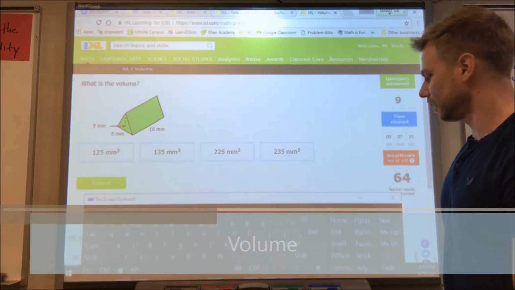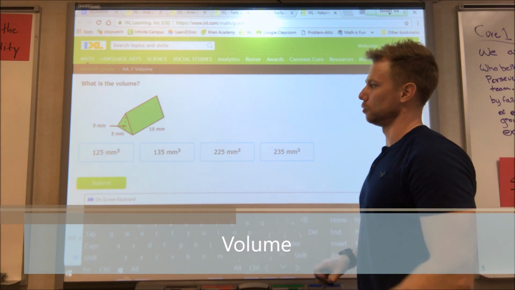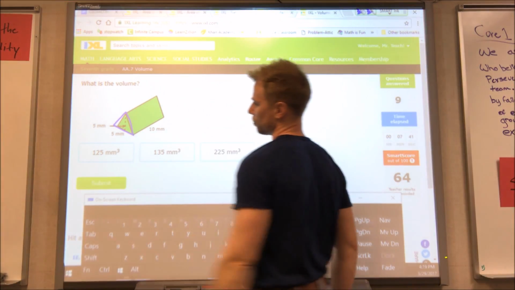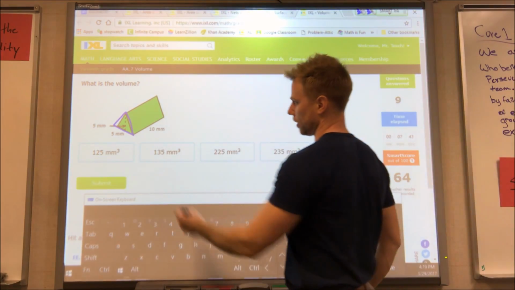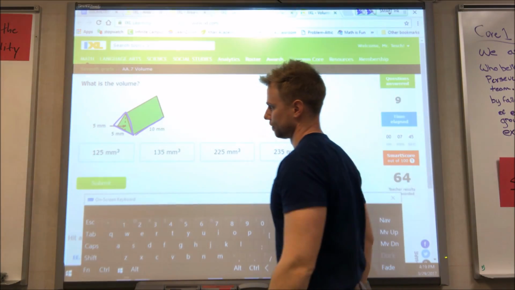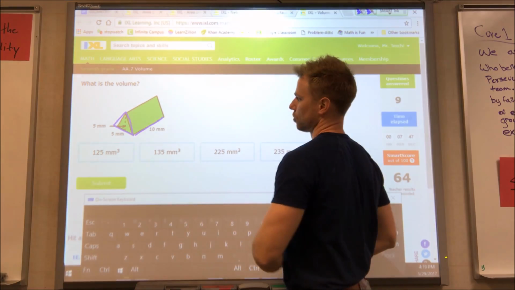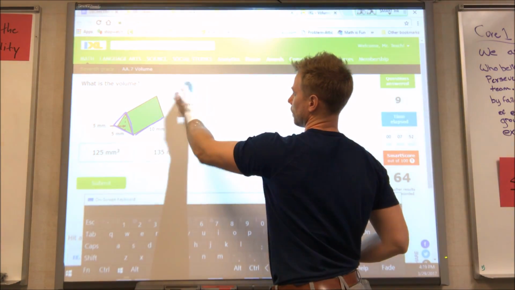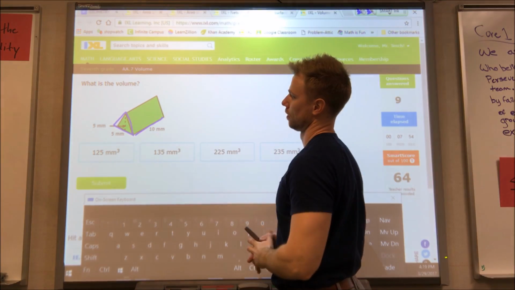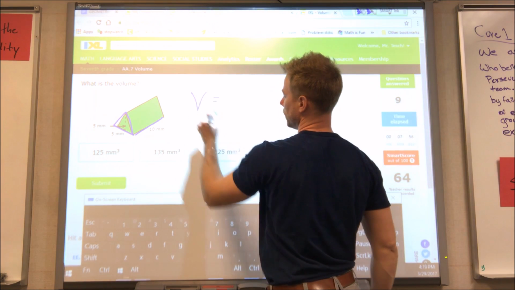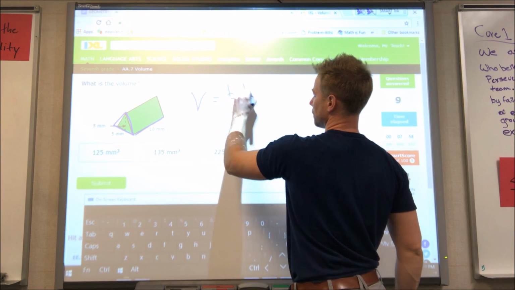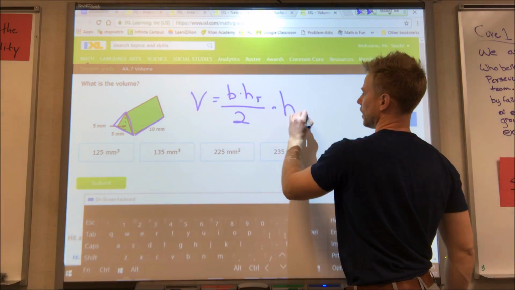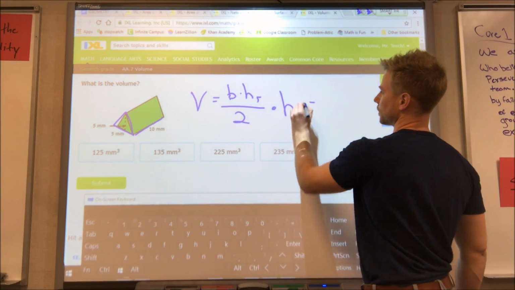Here we have a triangular prism again. We need to find the volume of it. So we're going to find the area of the base, which is a triangle, and then multiply that by the height. Okay? So we have the volume equals base times the height of the triangle divided by 2 times the height of the prism.